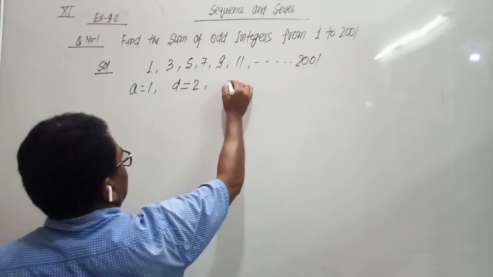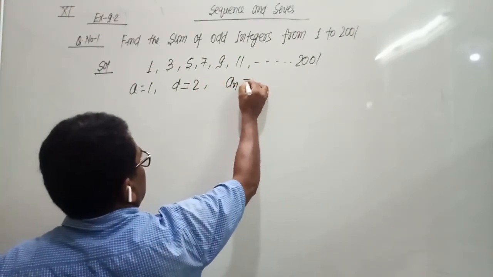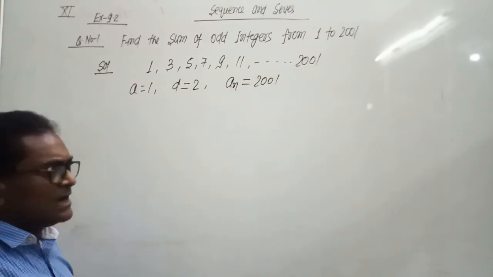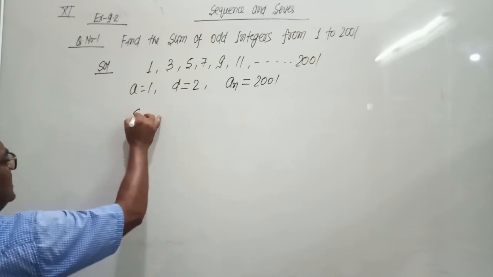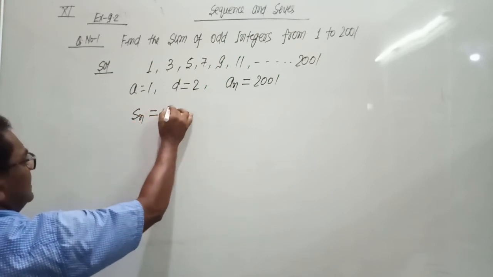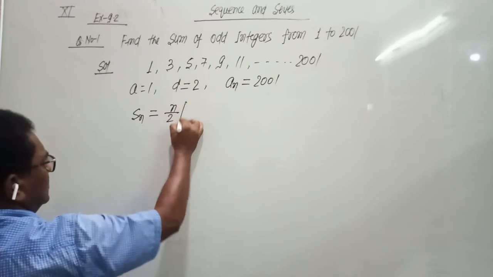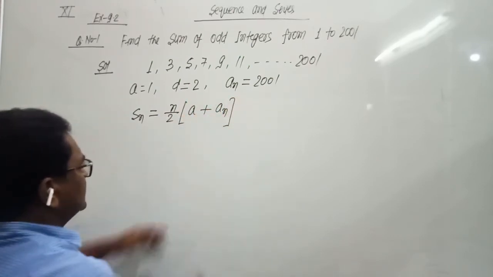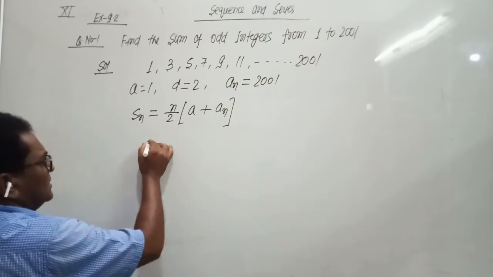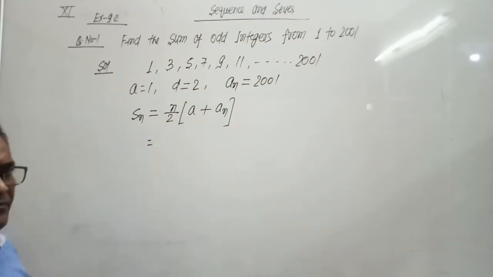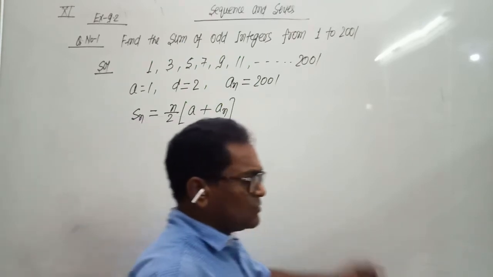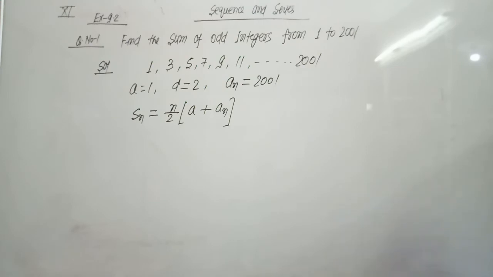The first term A is 1 and the last term An is given as 2001, and we have to calculate the sum. So we use the formula Sn equals n by 2, A plus An, first term plus last term. This was the second formula for finding the sum. But we have to calculate the value of n, the total number of terms, which is not given.